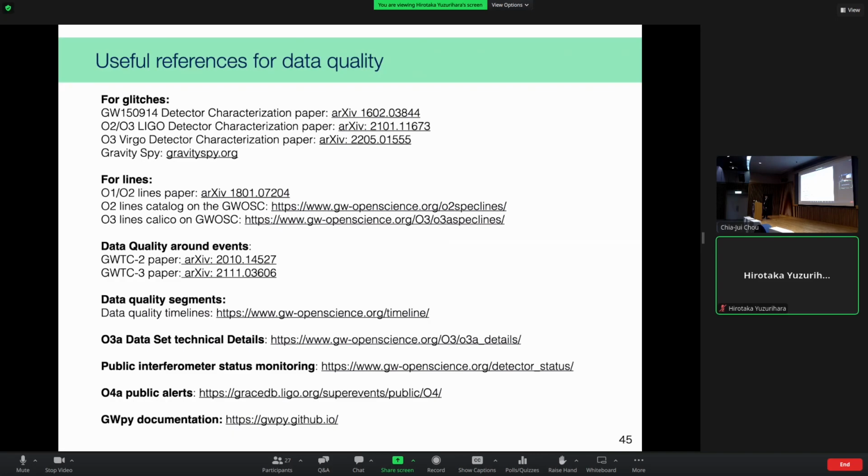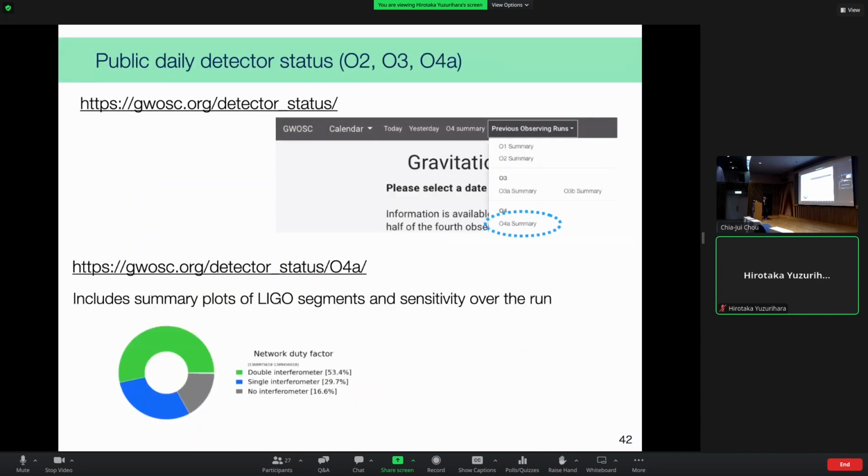There's a question online. For data analysis, which category set of data is most useful? It depends on what you need. Maybe you should start from category 1. But okay, I should show you. Wait a moment.